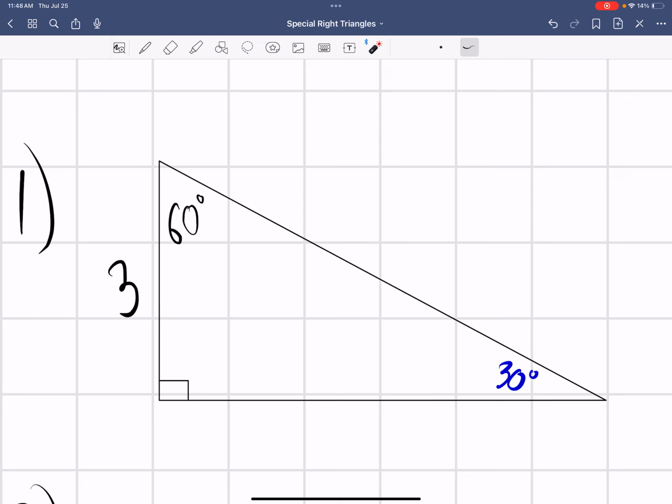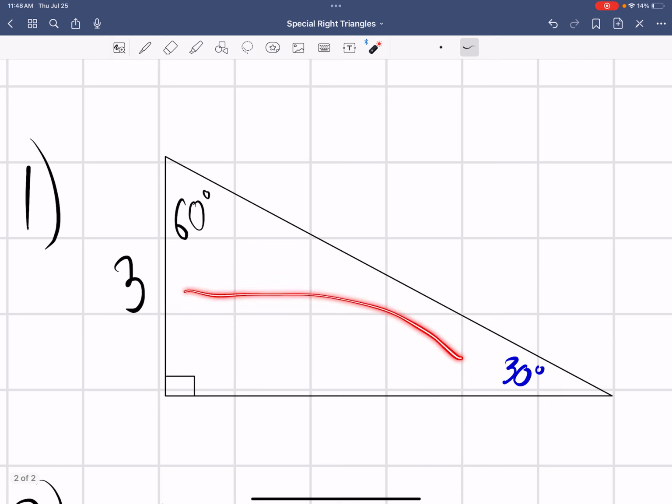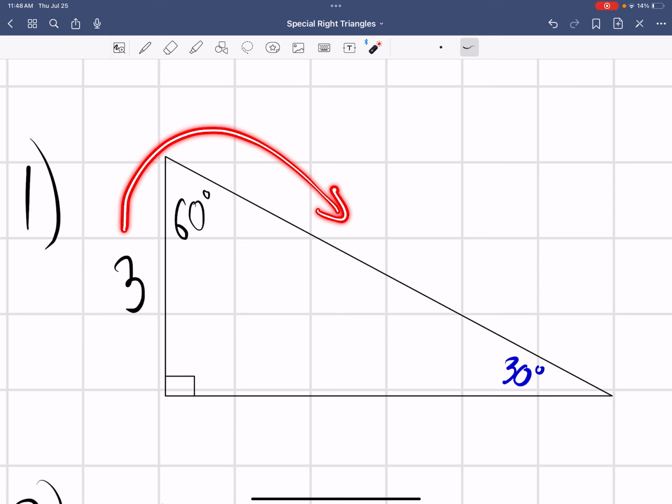So we're looking at the 30-60-90 triangle, and we're given the short leg, the leg across from the 30-degree angle. So you'll recall that in order to go from the short leg to the hypotenuse, we simply double the length of the short leg. So 2 times 3 is 6.